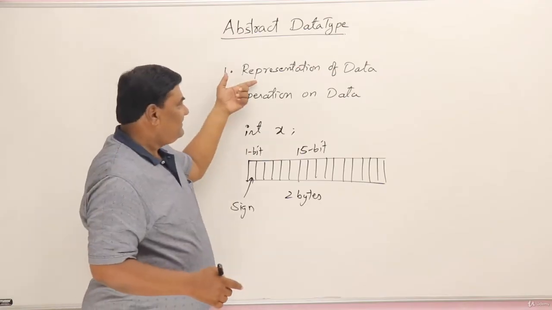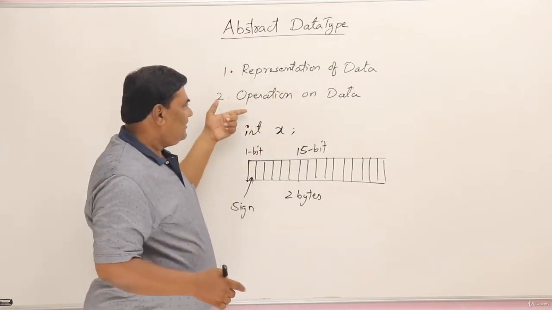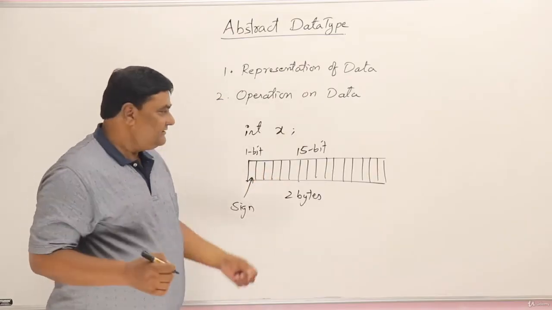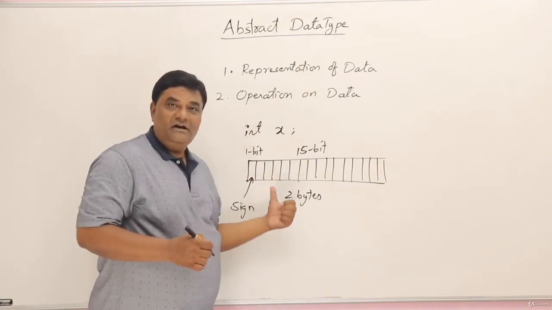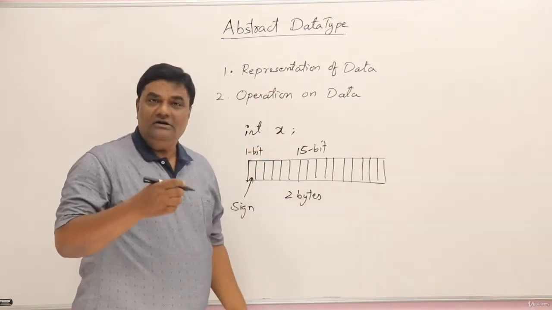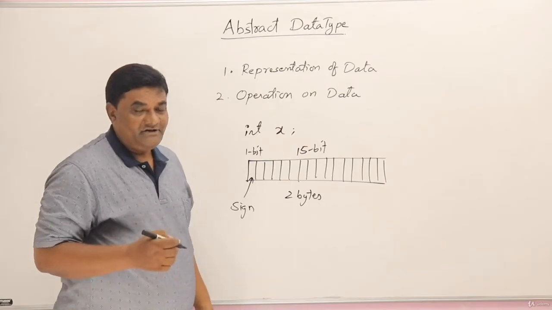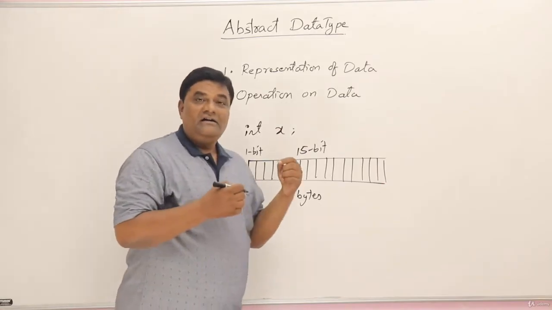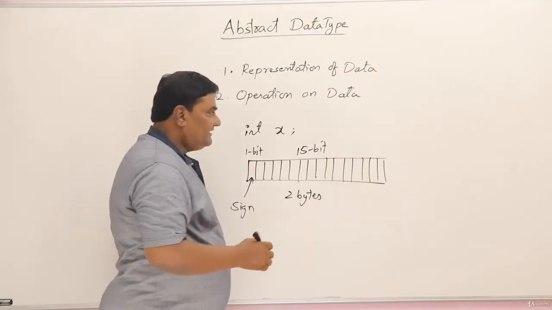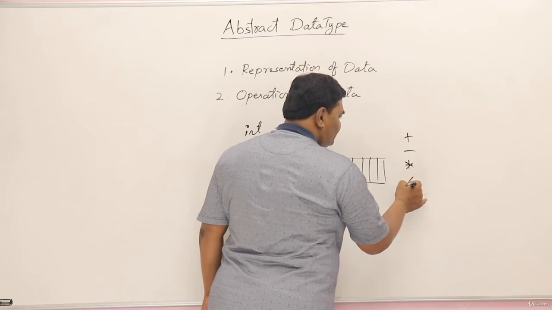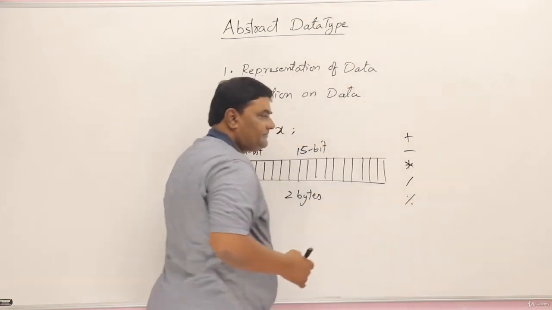So as I said, representation of data and the operations on data. Example of an integer I have taken. This is how it is represented, so this is the first thing we have covered. And what are the operations allowed on integer type data in C, C++ languages? Arithmetic operations are allowed, that is addition, subtraction, multiplication, division, and modulus.